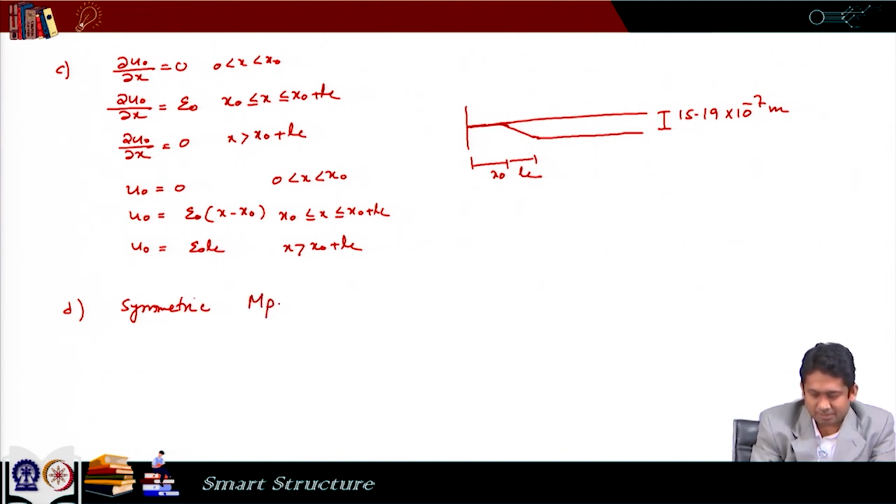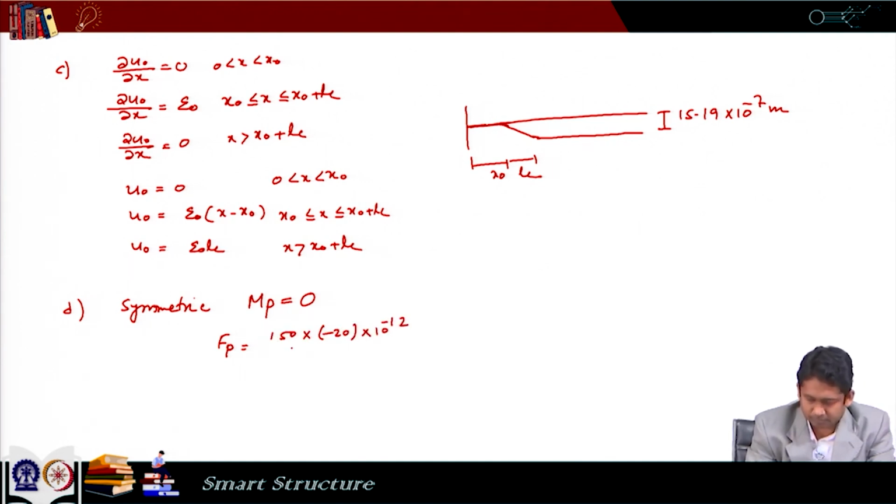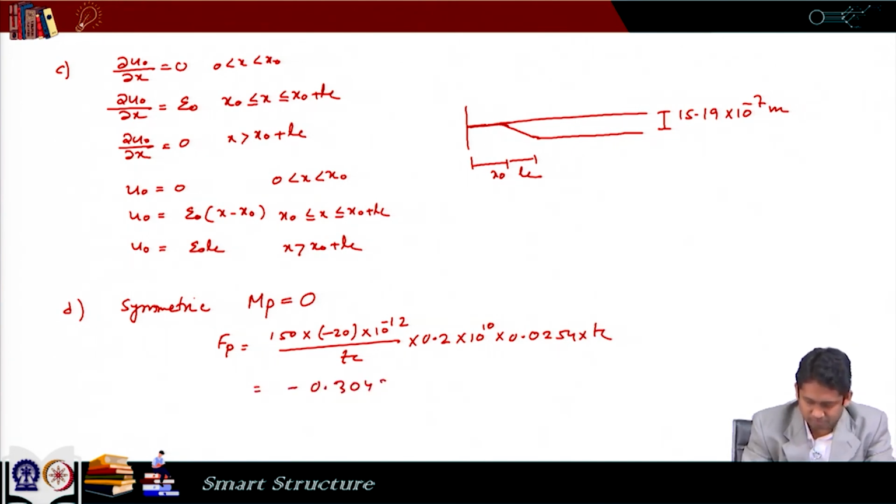And if it is symmetric in terms of the piezo properties as well as geometry and the other material properties, then the MP is 0 and FP becomes 150 multiplied by and finally, FP comes to be minus 0.3048.